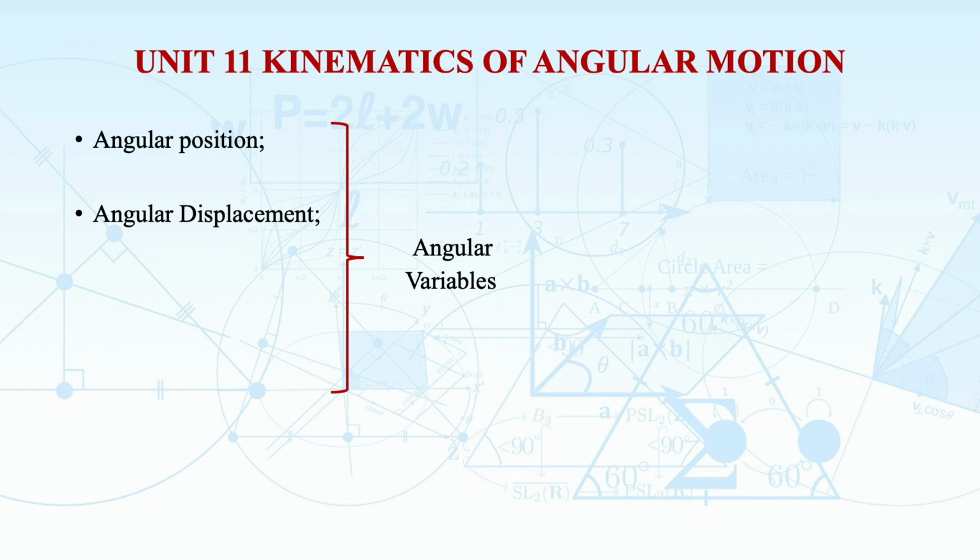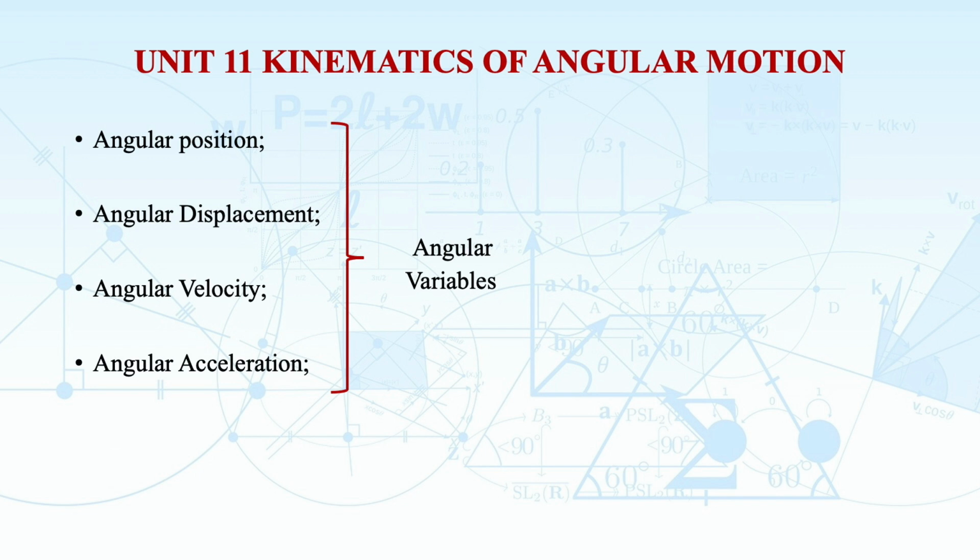To start with, we will describe the kinematic angular variables, which are angular position, angular displacement, angular velocity, and angular acceleration. You may have noticed that these variables are analogous to what you have set up for translational motion. In translational motion also, you have studied the position, the displacement, the velocity, and the acceleration. However, these are angular kinematic variables, and I shall be describing them.